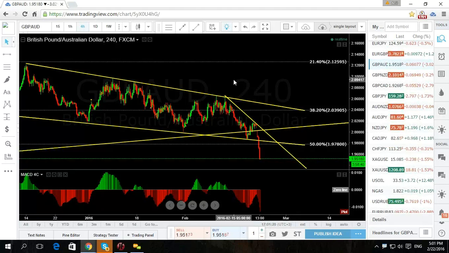I start from the monthly and work my way down, not from the weekly. I start from the highest chart I can find. Do I go to the smaller time frame?